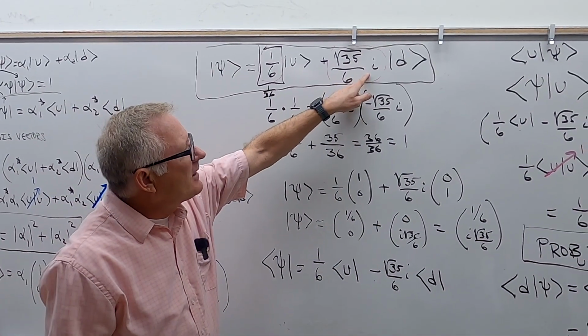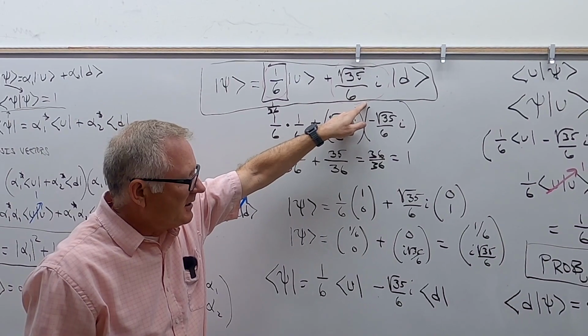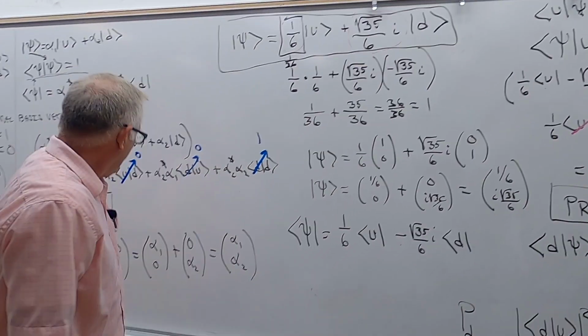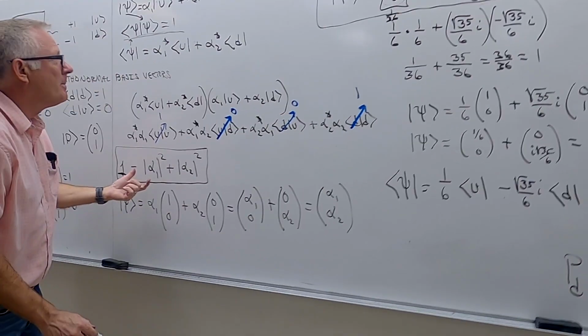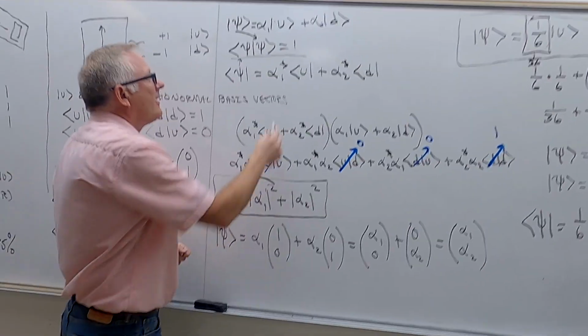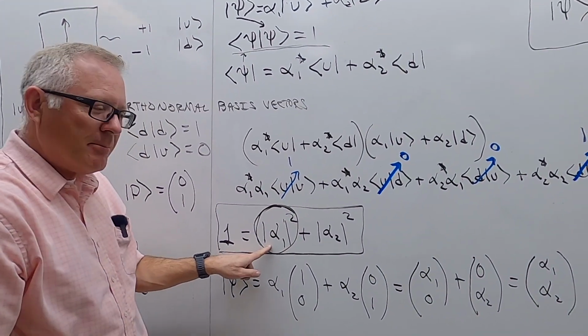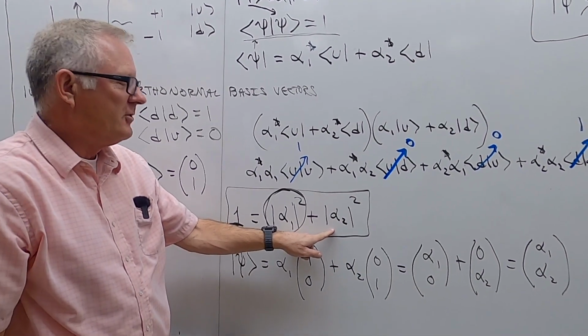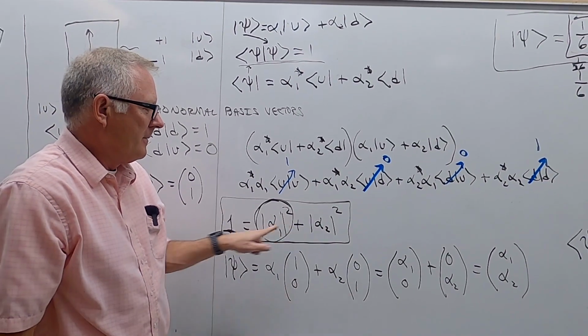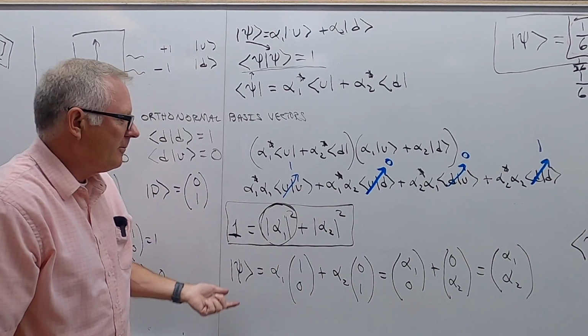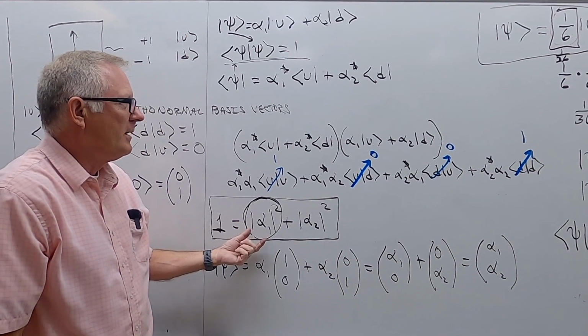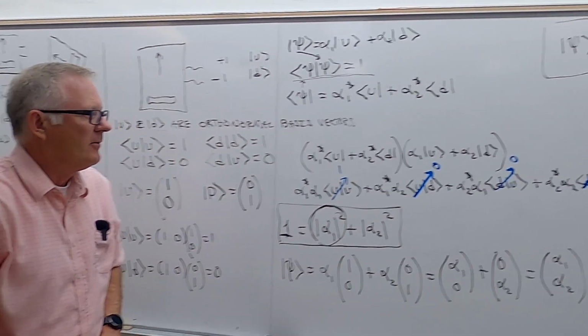And the magnitude of that squared is 35/36. So this one right here is really the probability of measuring up, and this is the probability of measuring down. That's the only two, and that's what it's always going to be.